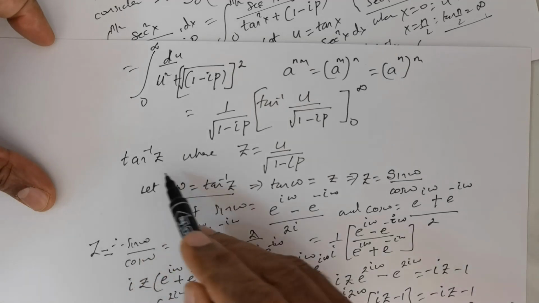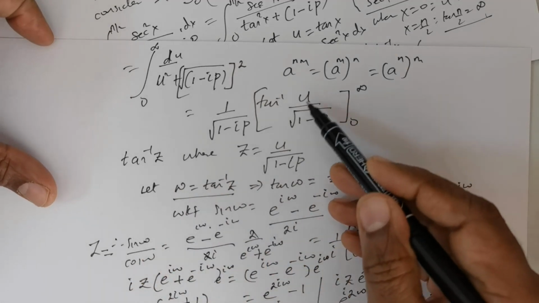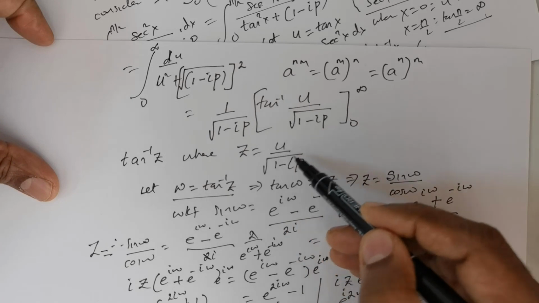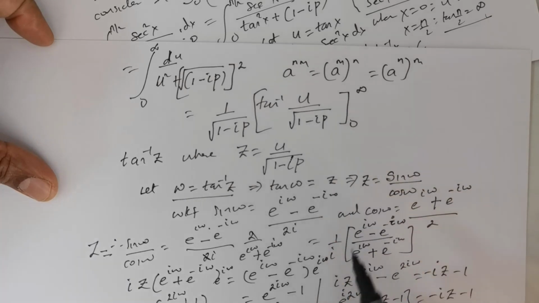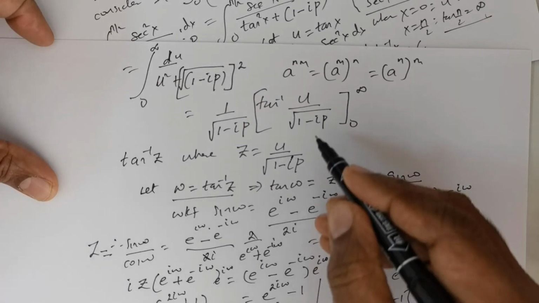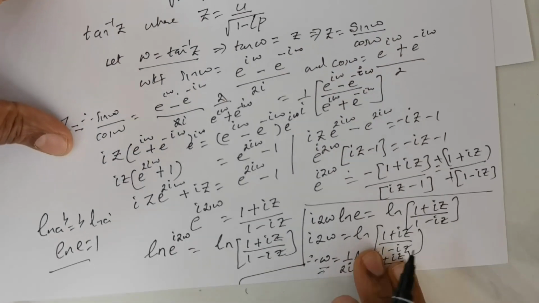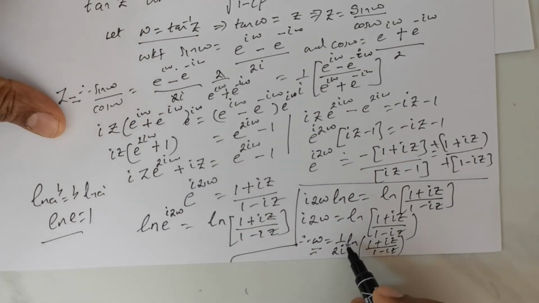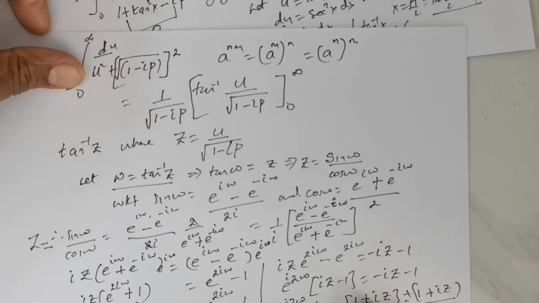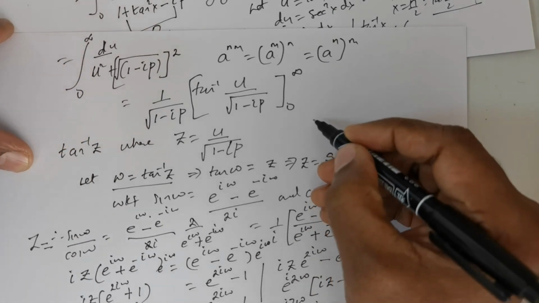I need tan inverse of z because I got a tan inverse of z where z is equal to u over root of 1 minus i times b, featured as a quantity that I need to evaluate. So I did all these things to show you tan inverse of z as a representation in this fashion, 1 over 2i ln of 1 plus i times z divided by 1 minus i times z. So safely we are going to be utilizing that particular result.